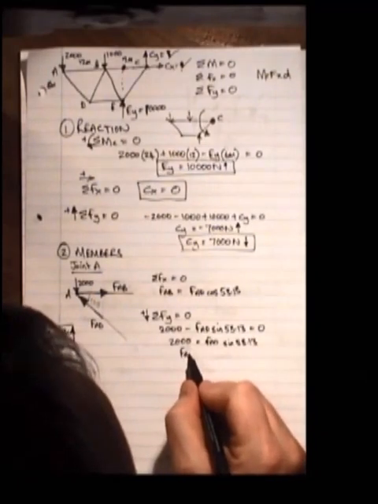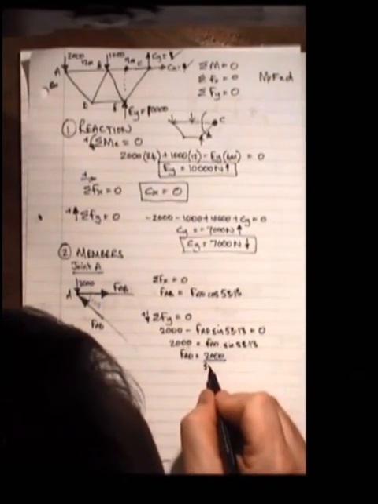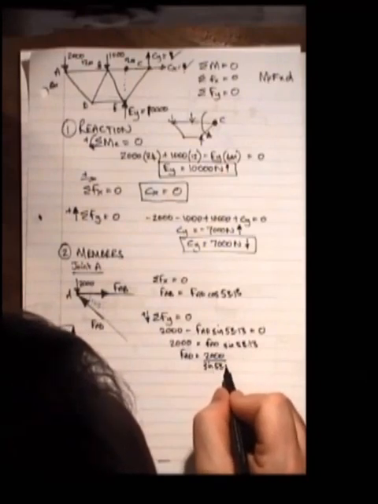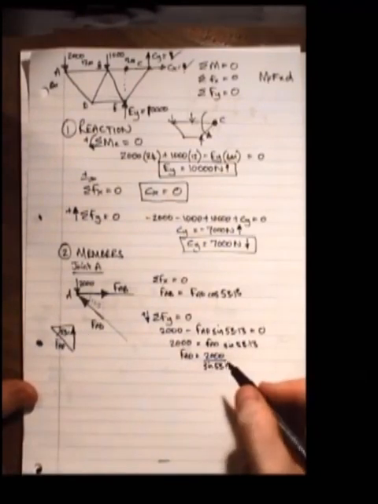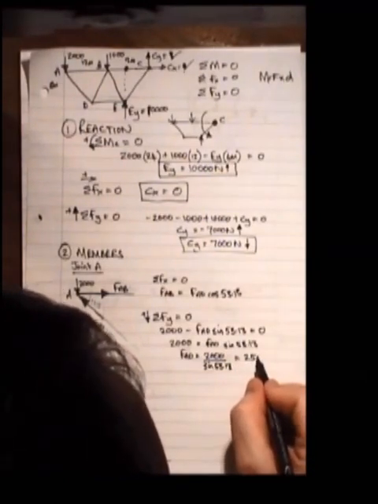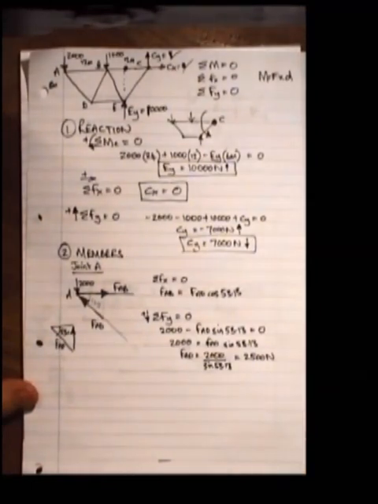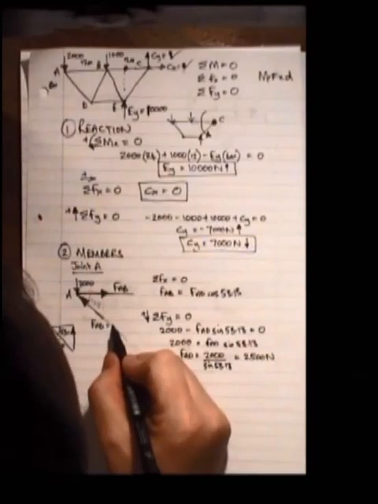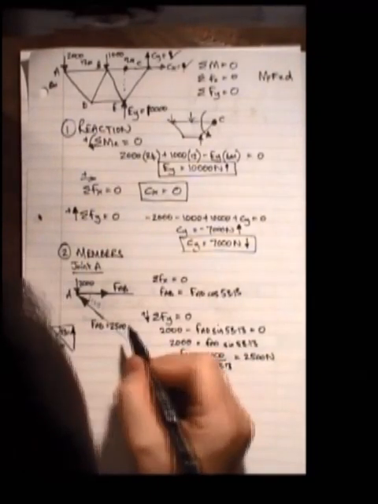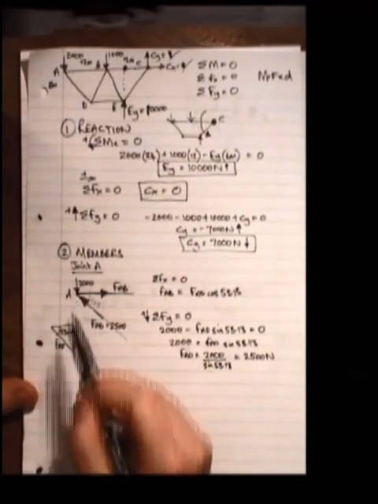FAD equals 2000 divided by sine 53.13, and that equals 2500 newtons. So we now know that FAD is 2500. The arrow is pointing upwards.